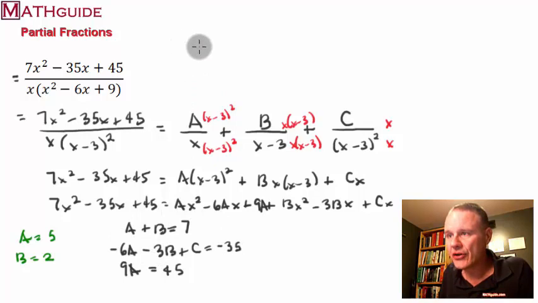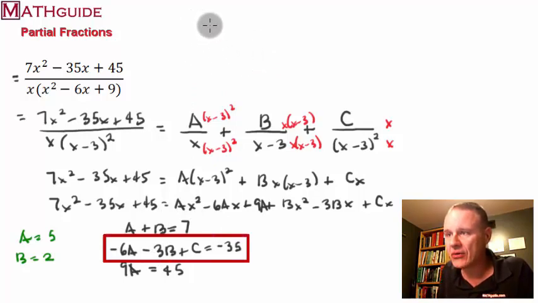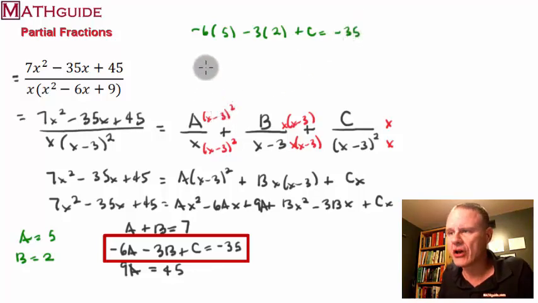Okay, now here's going to get a little bit interesting. And I'm going to do the side work up here since I've got some space. Okay, so I know it's negative 6a, a is 5, minus 3b, well, b is 2, plus c is equal to negative 35. Great. Let's solve it. What do I get?